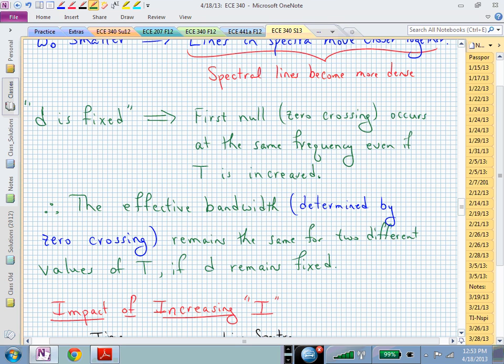We're going to have more harmonics, but we really haven't moved that zero crossing where it first crosses 0. So the effective bandwidth has not changed by keeping D, our pulse width, still 1/10 of a second. So the effective frequencies that are present should still be around 10 hertz. That's the frequency content that we have.